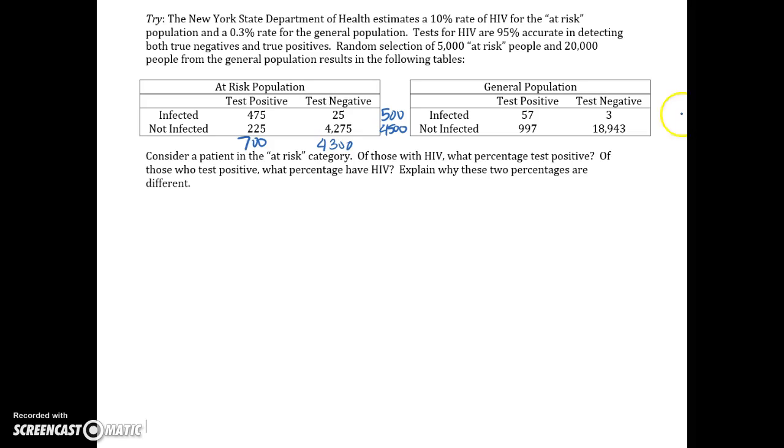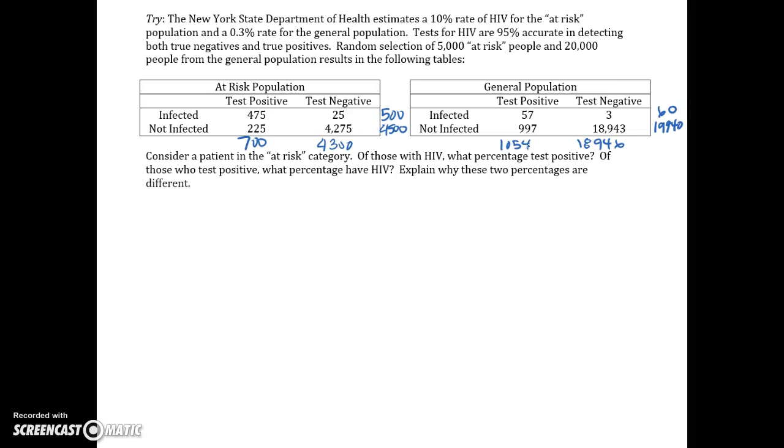Similarly, in the general population, we get a value of 60 and 19,940, and that sum together gives us the 20,000 people in the general population. Or going down, we could have 1,054 that test positive and 18,946 that test negative. Again, if you add those two together, you get your 20,000 people.